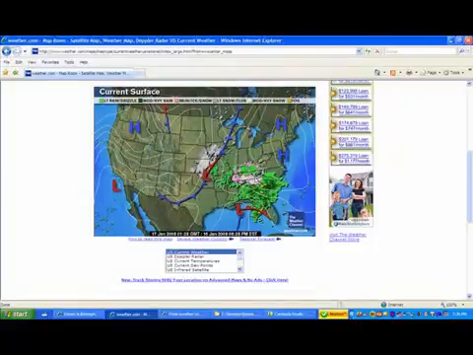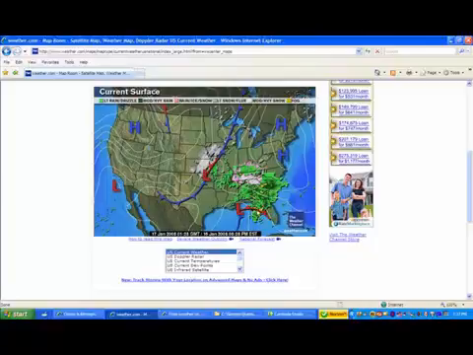Down here, right along the northern Gulf Coast, you see these red semicircles with a line, and that is an indication of a warm front. Warm fronts tend to move to the north, and also to the east and northeast, and typically as they move over an area, temperatures begin to warm.